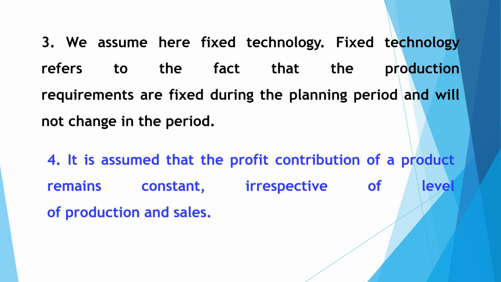Once again, in the example, we said that the retailer can earn 5 rupees by selling product X and 4 rupees by selling product Y. Whatever is the production, it may increase or decrease, sales may increase or decrease, but he will have 5 rupees and 4 rupees as profit contribution from brand X and brand Y. That is what it says, that it is assumed that profit contribution of a product remains constant irrespective of level of production and sales.